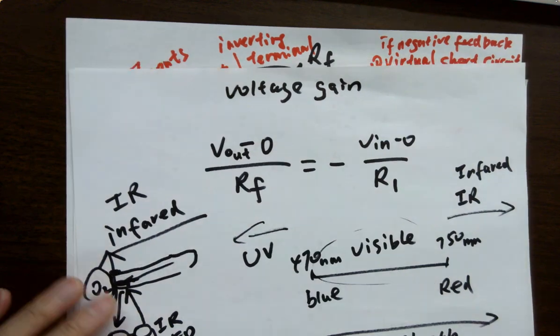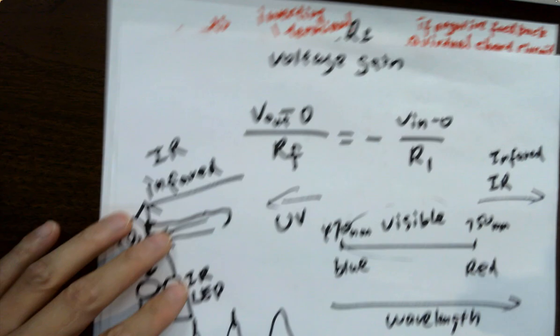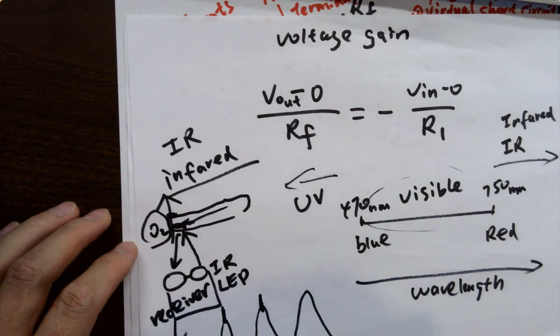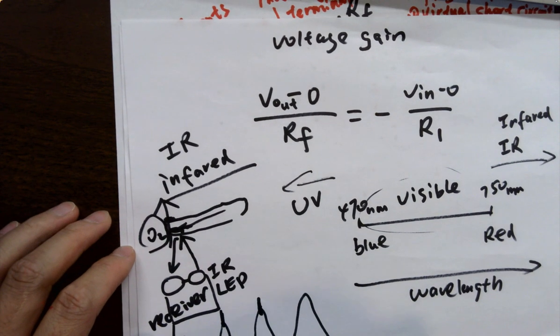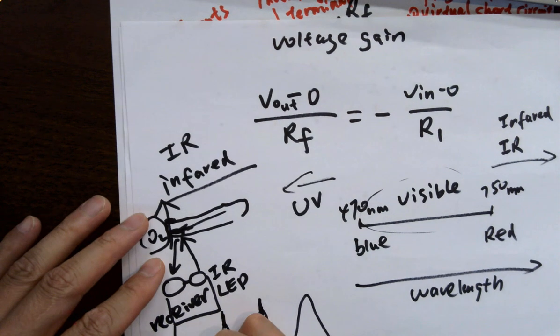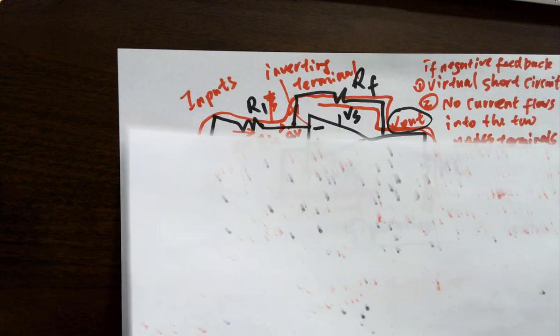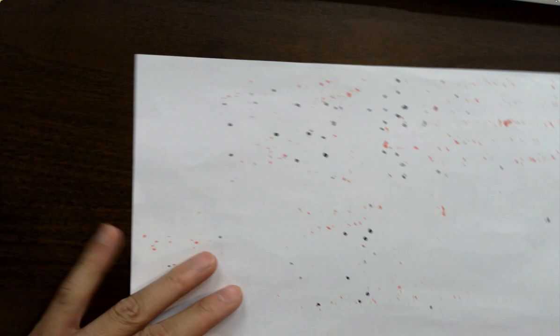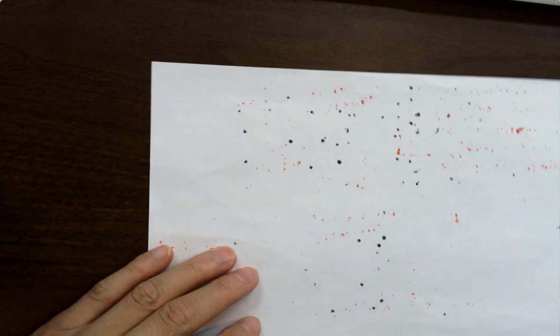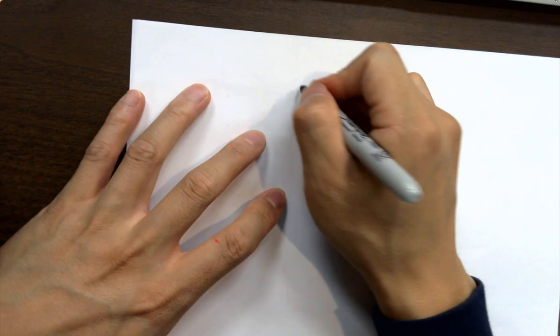Okay? So what we care about is the voltage gain, right? Because the signals are tiny and we want to amplify them. So if you look at this structure, let's find out the voltage gain first.